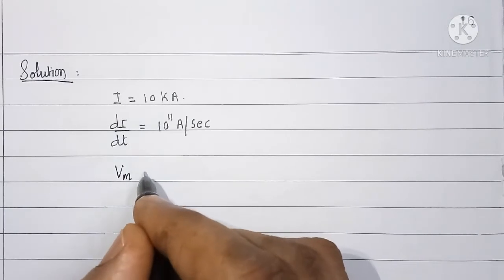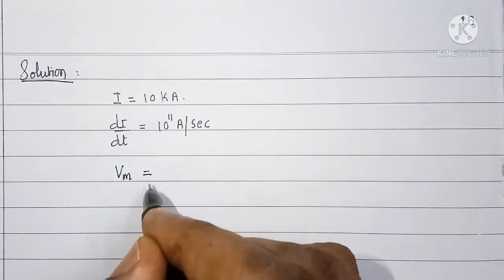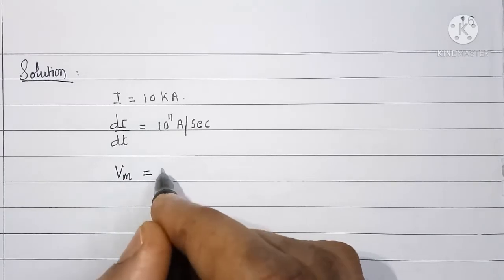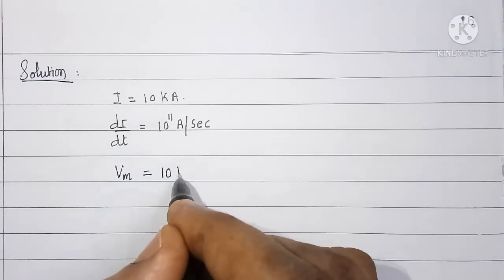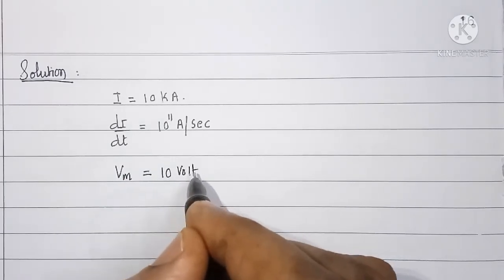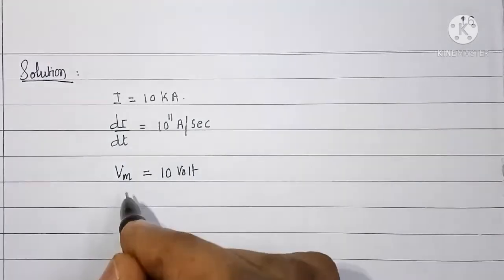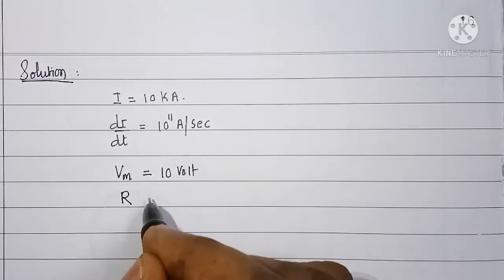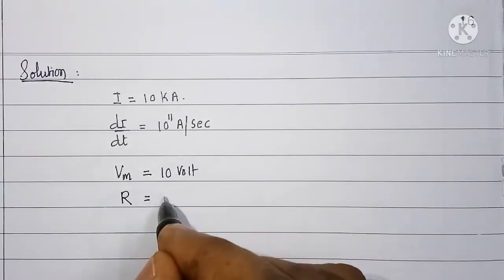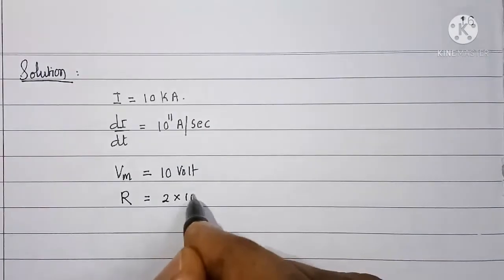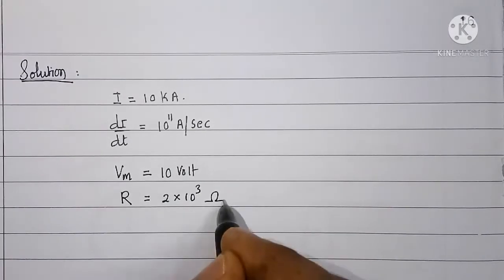Vm is given as 10 volt. And resistance in RC network is 2 into 10 to the power 3 ohm.